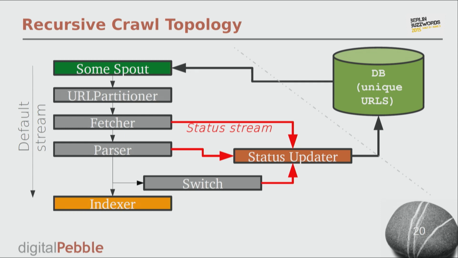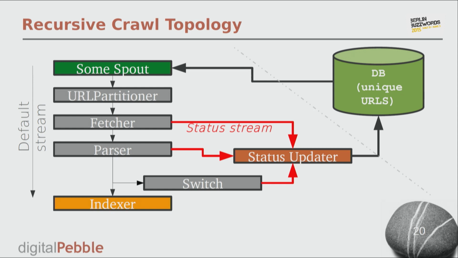Components like the fetcher or parser will emit the output for a given document on the standard stream, but also generate other tuples on the status stream, to send to another bolt, which I called status updater here. That bolt is in charge of sending that to some sort of storage, a DB or Elasticsearch or whatever you want, where the URLs would be stored. You'd basically have one entry per URL.